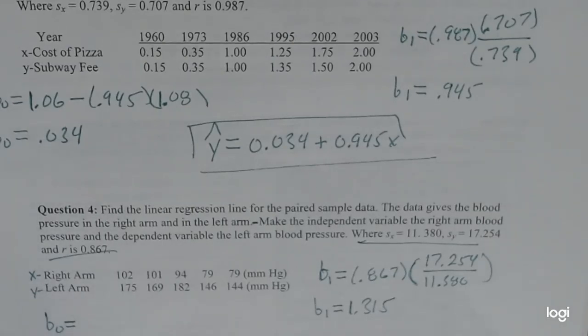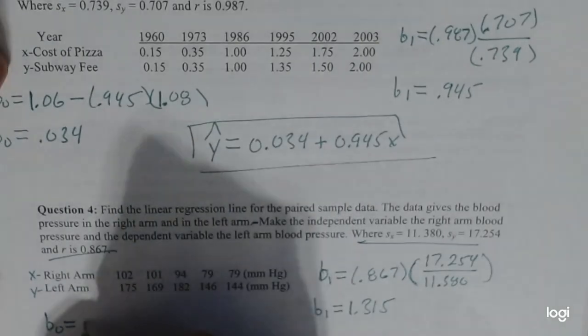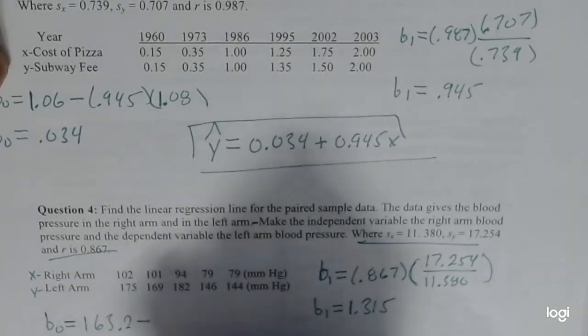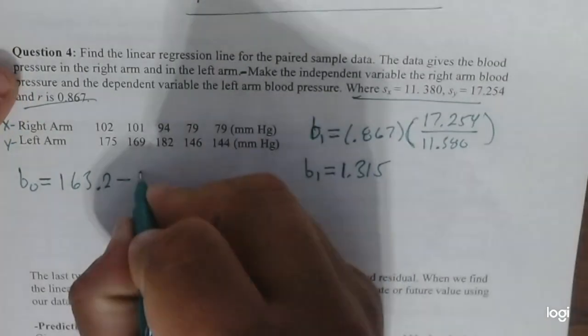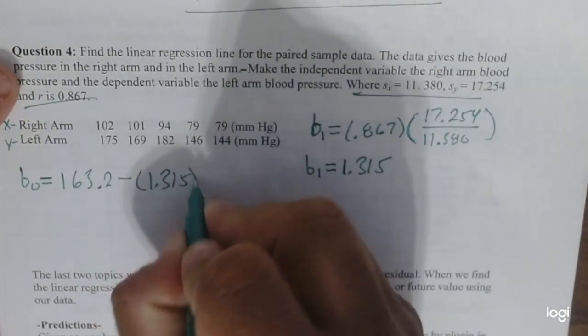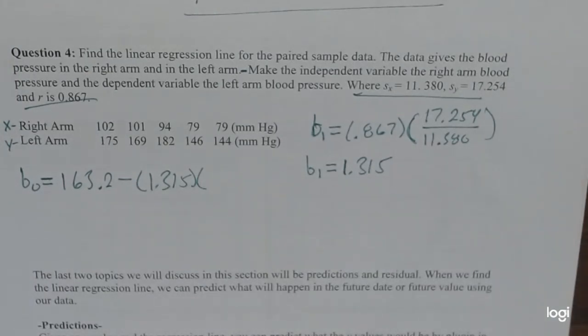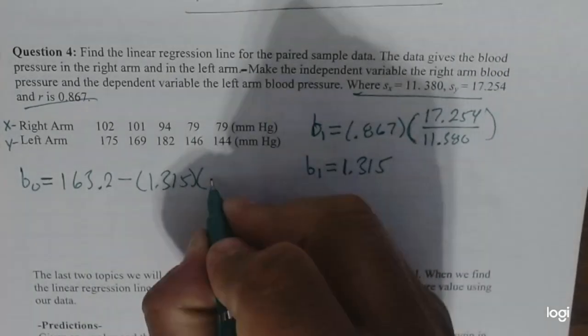First is the y, so find the mean of that one. I got roughly 163.2 minus, and now our b1, 1.315 times the mean of the x's, which will be about 91.